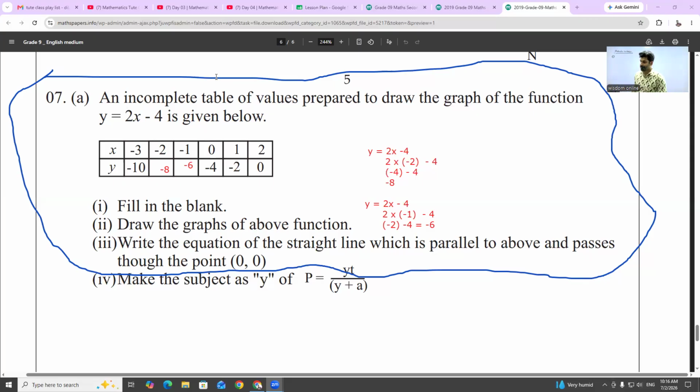Then draw the graph of the above function. Then we need to draw the graph. Look at y: minus 10 and 0.